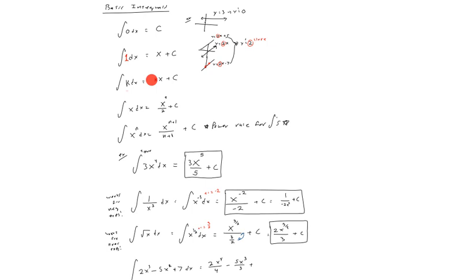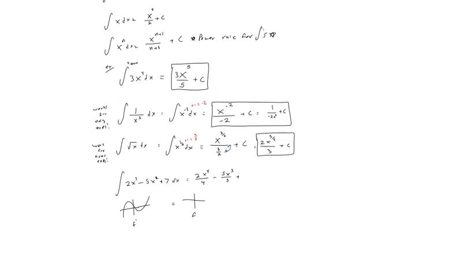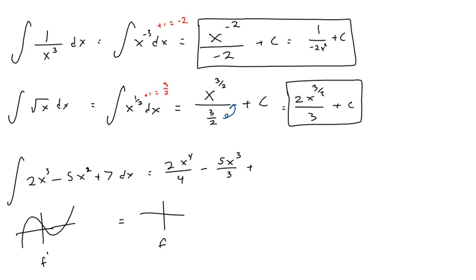I'm going to add on an x. Right? The integral of a number is just that number plus an x. So what's the integral of 7 going to be? What's this integral here going to be? Integral of 7 is what?